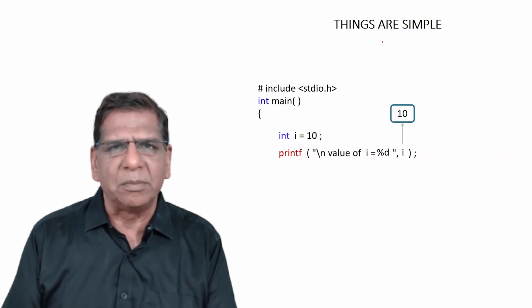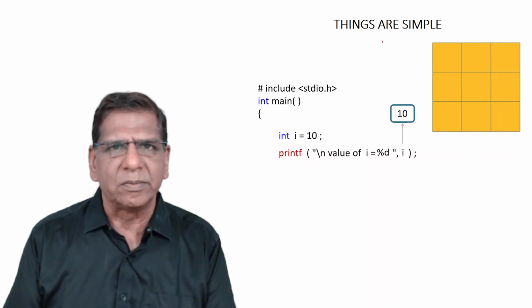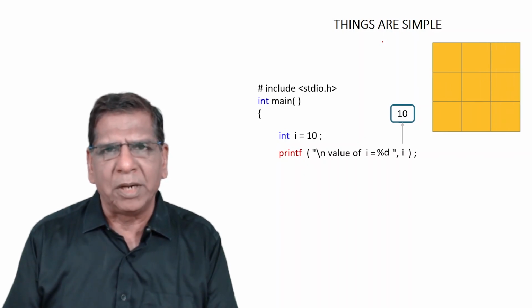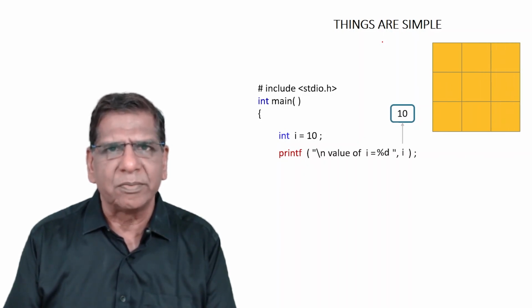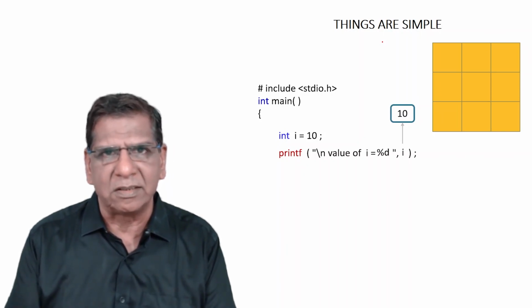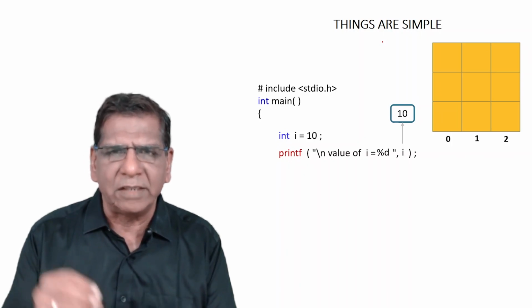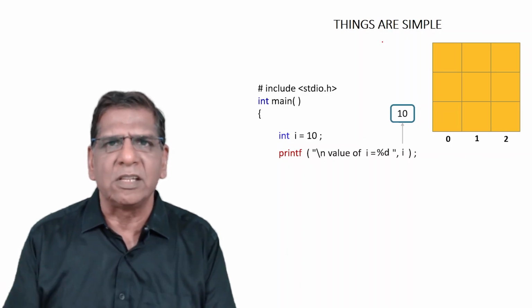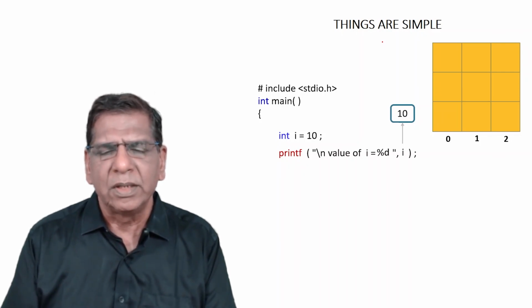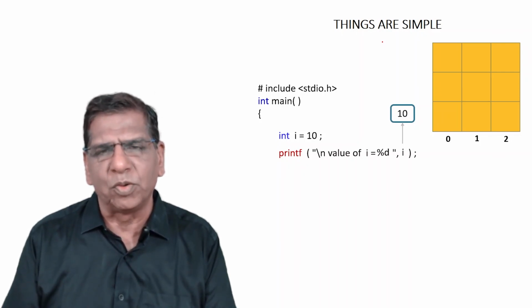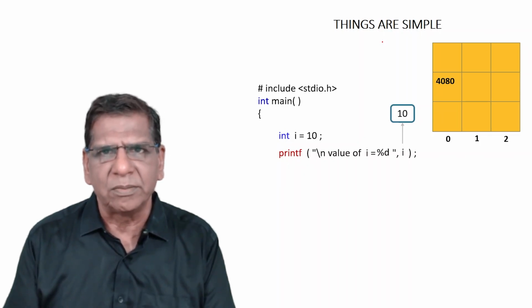Let's see what happens in memory when we do this. We know that memory consists of multiple cells, in fact millions of cells. If these cells are given numbers like 0, 1, 2, 3, etc., then when I say int i equal to 10, one of these cells will get chosen. Maybe there is a cell whose number is 4080 that gets chosen.